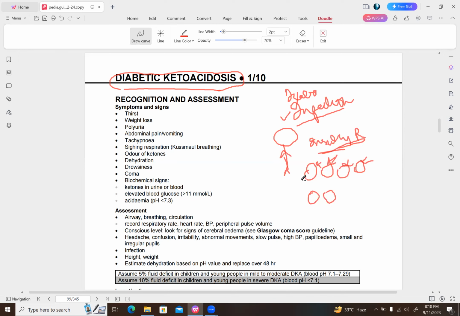The glucose remains outside in the extracellular fluid, in the blood. As a result of this, we can have hyperglycemia. The water moves out of the cells because of this glucose, and the sodium gets diluted. So hyponatremia also occurs.